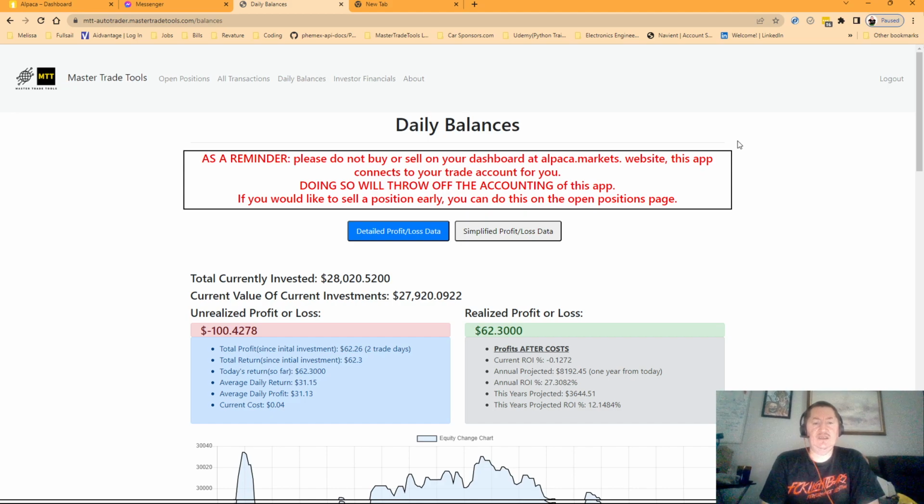You can sell a position early if you want. This application does not sell for a loss. So you would be selling that, and you would basically be taking responsibility for the losses on that position. This application did not sell it for you. You decided to sell it yourself, which is absolutely fine.